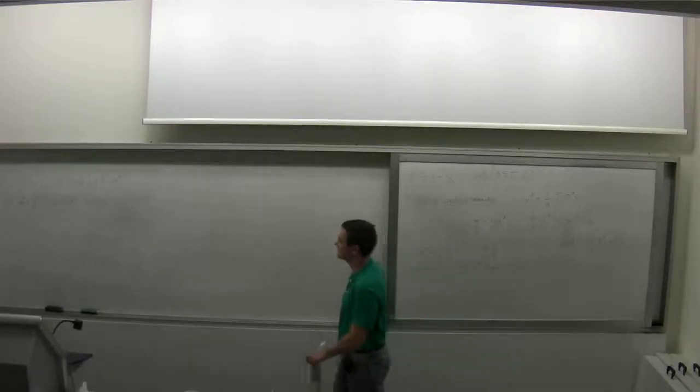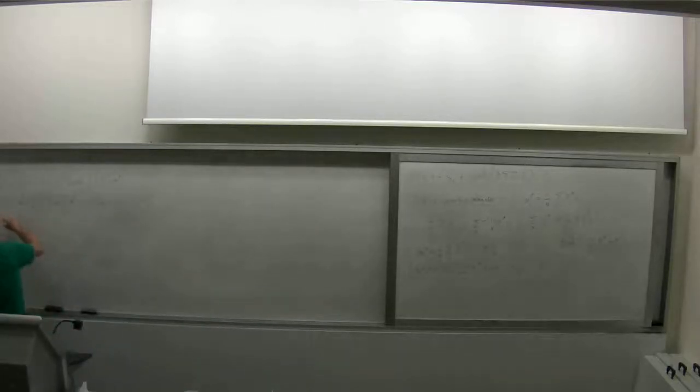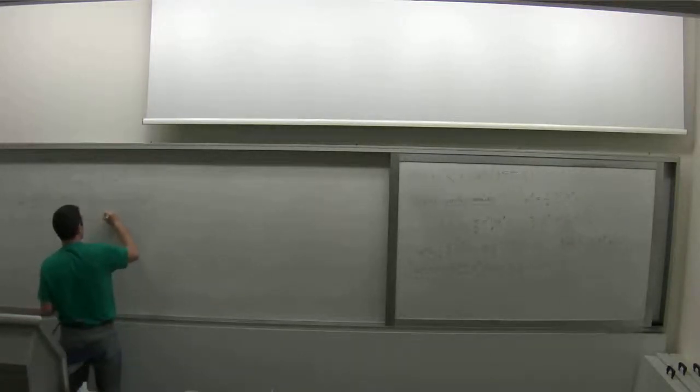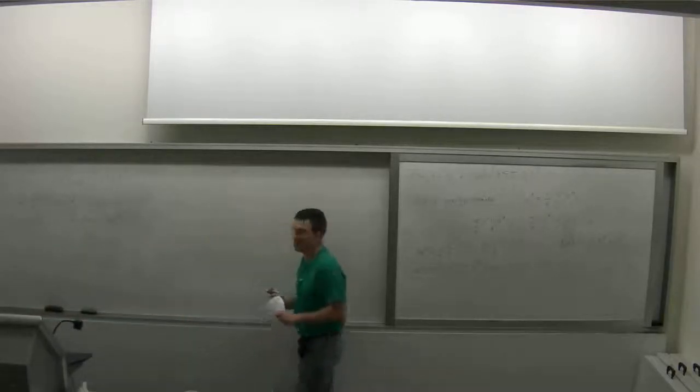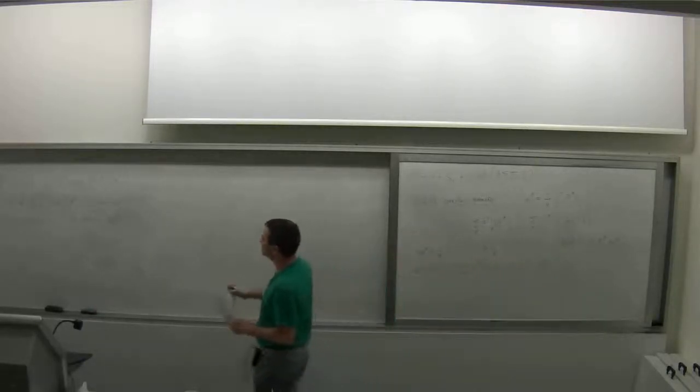So the fixed point solution is M1 is equal to a hyperbolic tangent of beta M1. And now we need to ask the question of whether this equation has a solution.